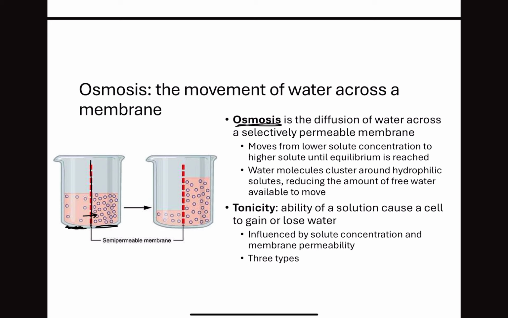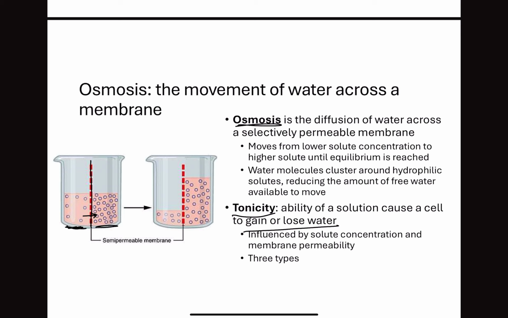And osmosis states that water is going to move from a lower solute concentration to a higher solute concentration until equilibrium is reached. So both solute concentration and the permeability of the membrane are going to affect something called tonicity. Tonicity is the ability of a surrounding solution to cause a cell to gain or lose water.